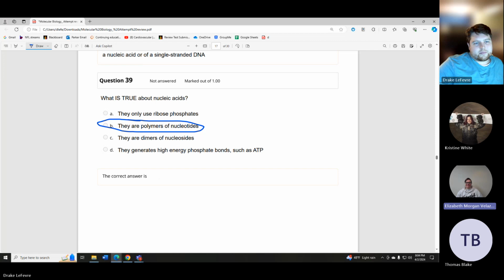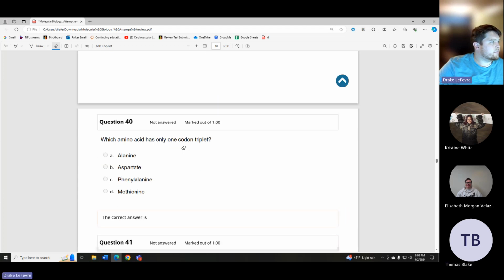It's that they're a collection of nucleotides in a sequence. Poly meaning multiple, polymer, multiple of them. Dimer would be like 2 of them stuck together, because a dinucleotide is a dimer. Good.